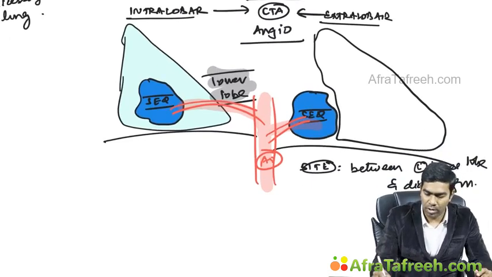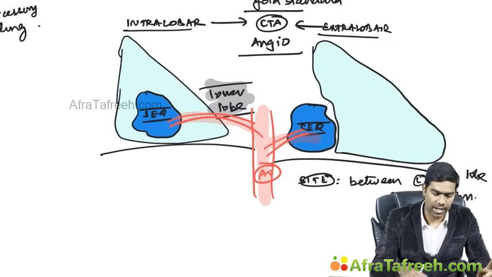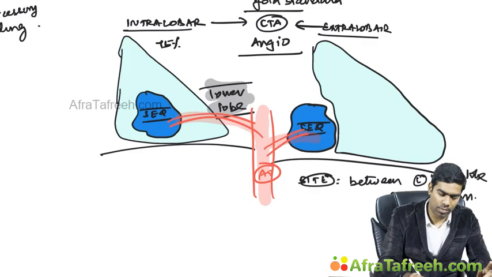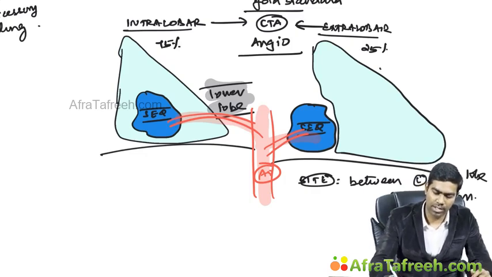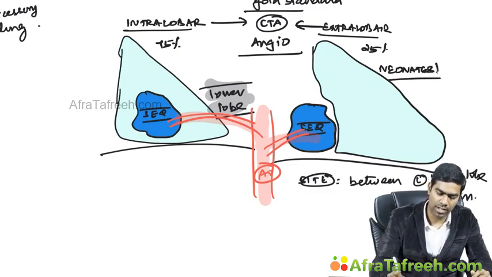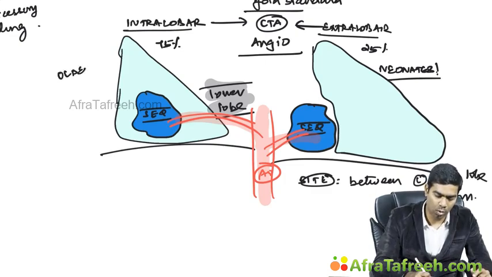At the same time, which is the most common, intralobar or extralobar? Intralobar is the most common, contributing 75% of the cases, and extralobar is only 25%. Remember, extralobar sequestration presents in the neonatal period itself, whereas intralobar sequestration typically presents in older children and adults as a long-standing pulmonary infection.